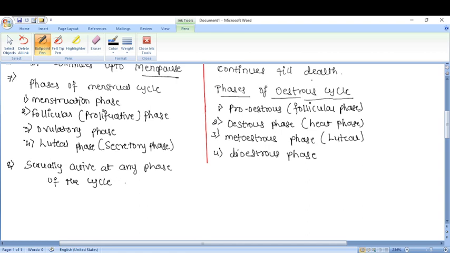That means they are sexually receptive at any phase of the reproductive cycle. But the mammals which show the oestrus cycle are sexually active only in the oestrus phase, or heat phase.